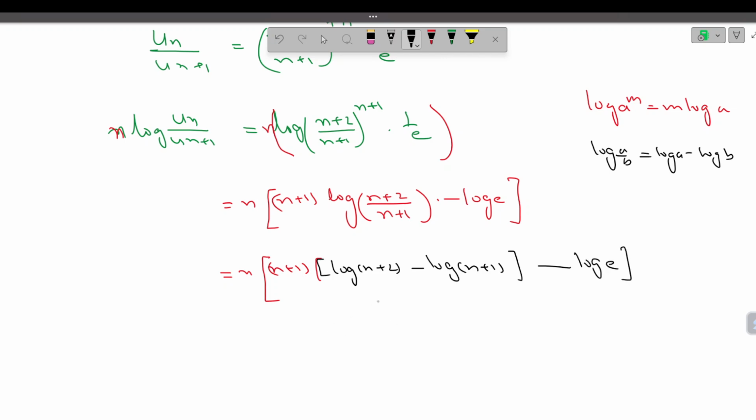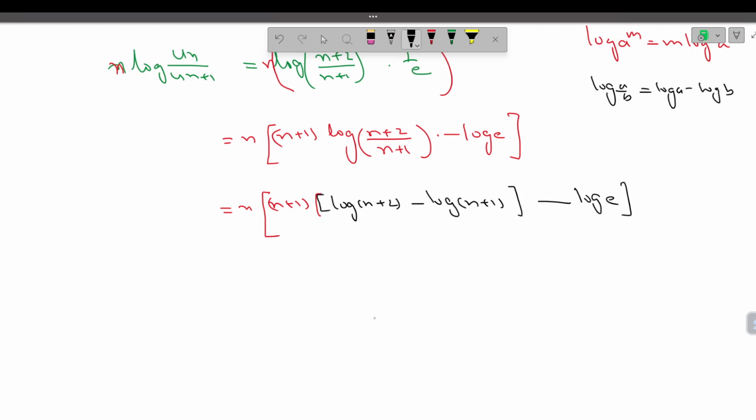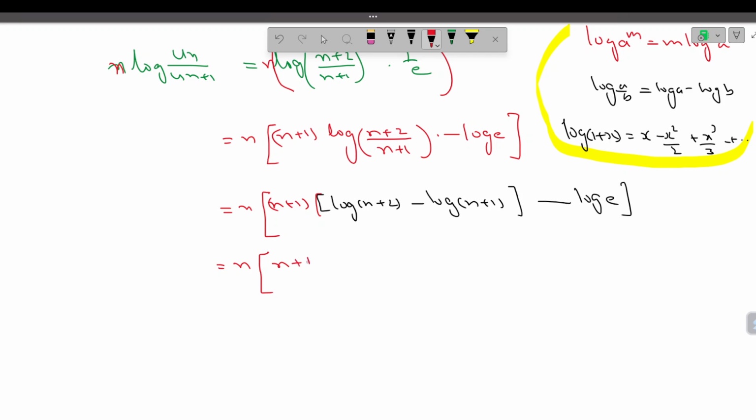Okay. Now, please remember log of 1 plus x equal to x minus x square by 2 plus x cube by 3 minus plus, it will go on. Now, n as it is, n plus 1 as it is.